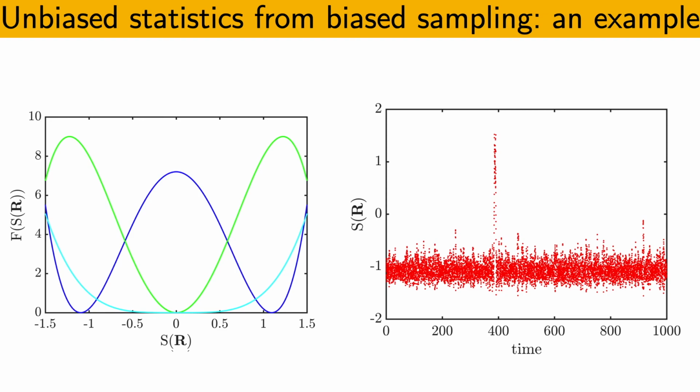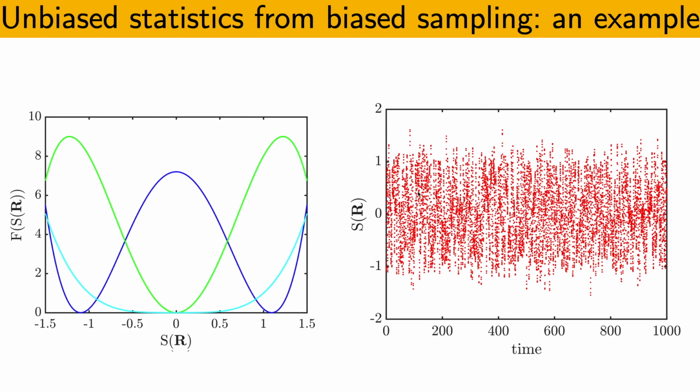In this representation, the green line is the bias potential that is added to this free energy surface, and the light blue line is the effective free energy, the sum of the free energy surface plus the bias potential, over which the biased simulation actually evolves. If we solve a system for a biased dynamics in the presence of this bias potential, we get a very thorough sampling of the configuration space that spans from -1 to 1.